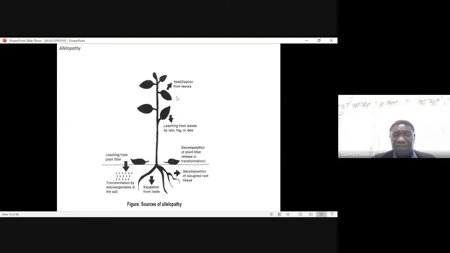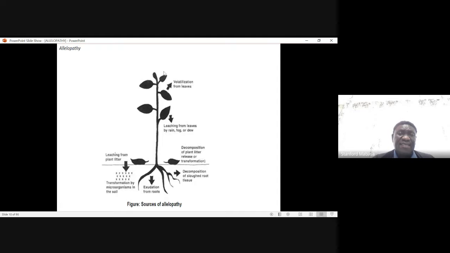So here I've got a model of a plant. The plant can actually produce chemicals through volatilization. If you walk through a gum tree plantation, you may sense what is produced by the gum tree. Even other plants can give a pungent smell, like this weed, Tagetes minuta, even the Datura stramonium.